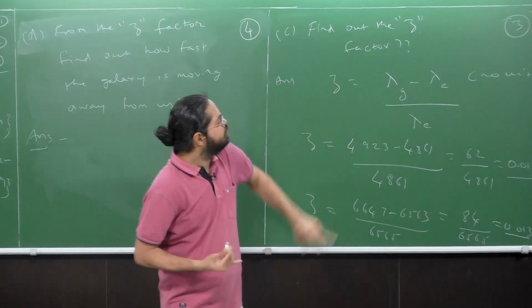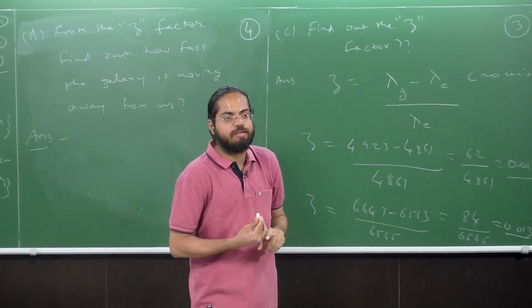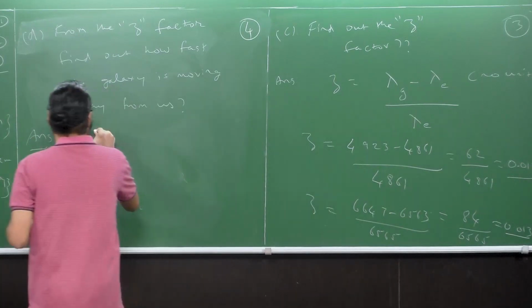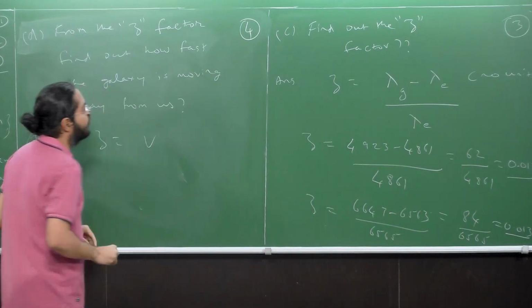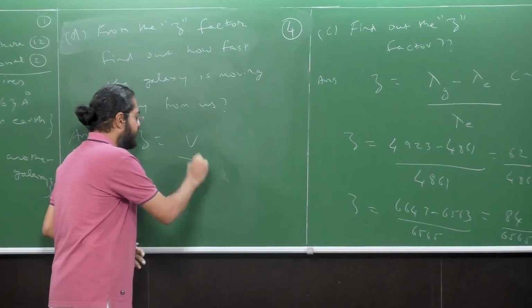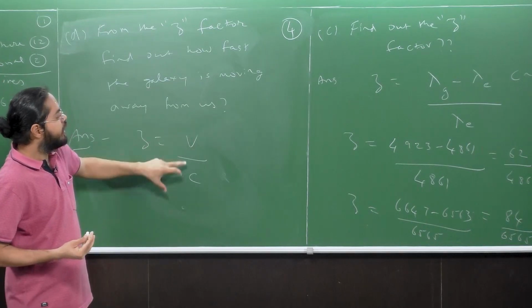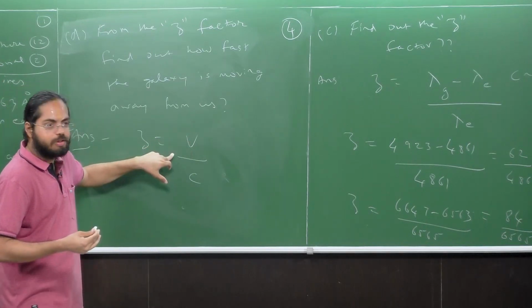And this factor is unitless. It has no unit. So it can also be thought of as the ratio between the speed at which the galaxy is moving divided by the speed of light itself. Can it be the other way about?